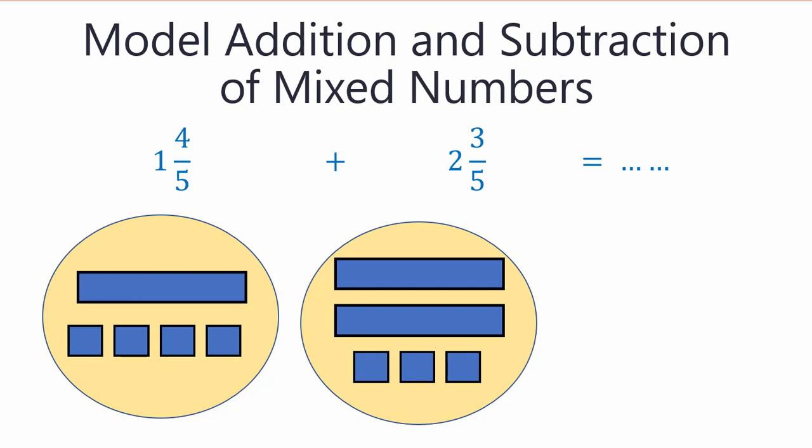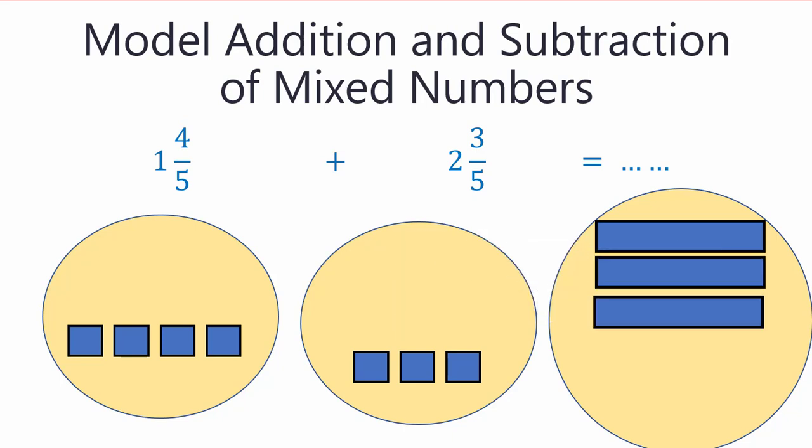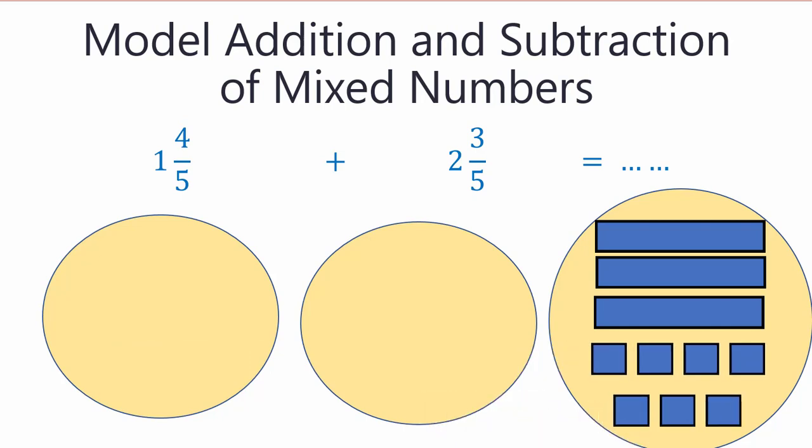How to add them? Add them means use a bigger bag and put everything in the new bag. So let's take the whole numbers. And now take the fractions. Now they are all in one bag.